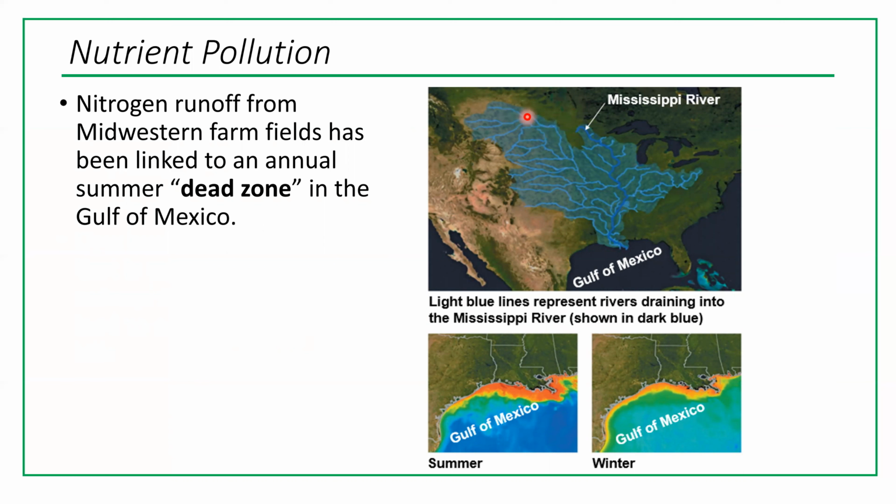Fertilizer pollutes this water in little streams and rivers, and they all flow together into the Gulf of Mexico. As a result, this area, especially in the summertime, is a dead zone. No fish, no healthy algae, no healthy microorganisms and other marine animals in this area. So that's a big problem. This problem is really getting out of hand.